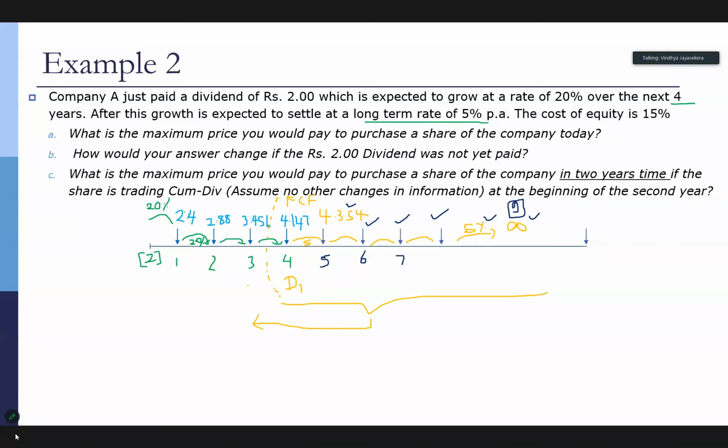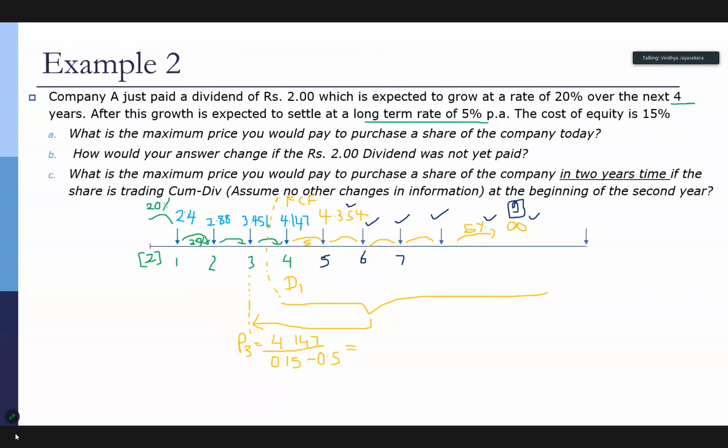What is the value of all of those future cash flows as at year 3? So the price in year 3 is equal to D1 divided by R, which is 15, minus G, which is 5.